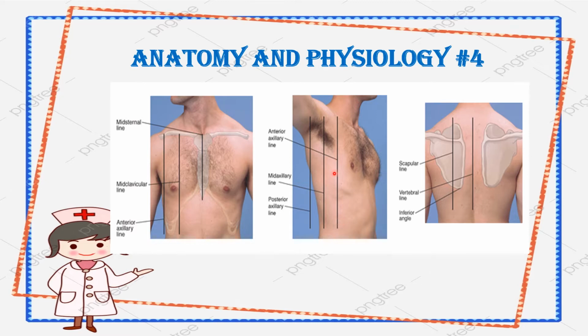The mid-axillary line drops from the apex of the axilla. Posteriorly, the vertebral line overlies the spinous processes of the vertebrae. The scapular line drops from the inferior angle of the scapula.